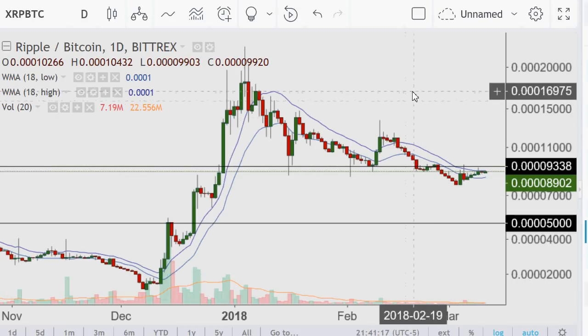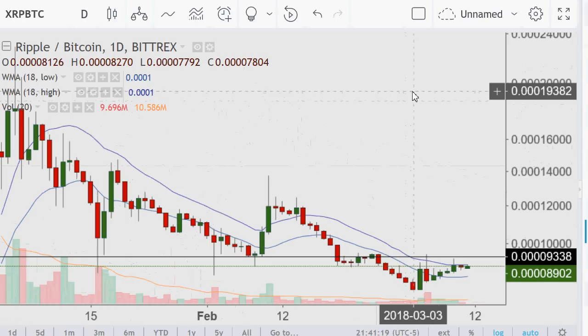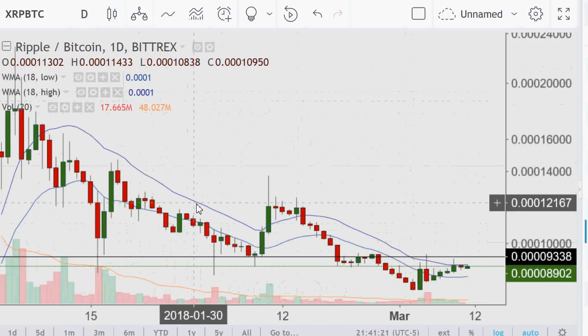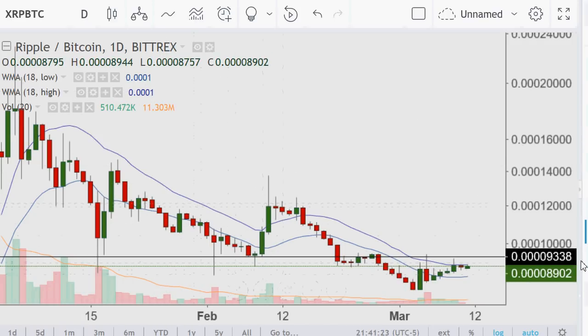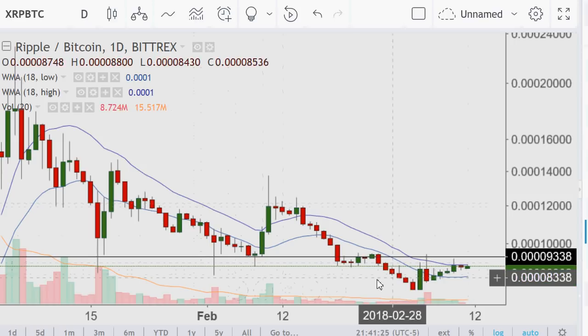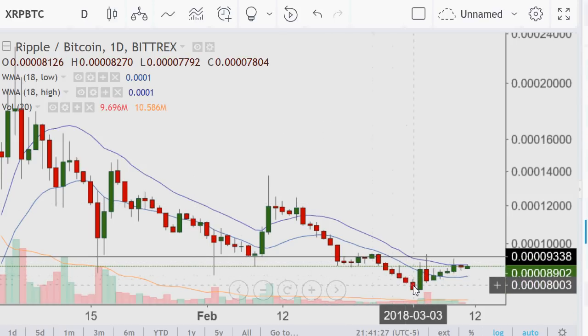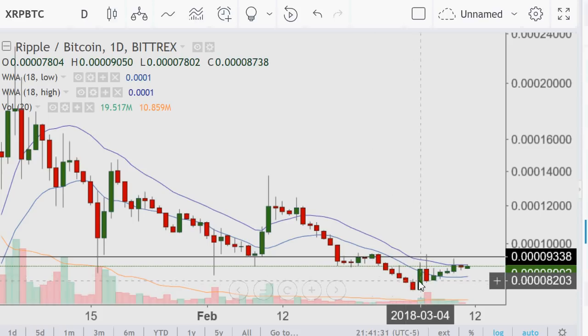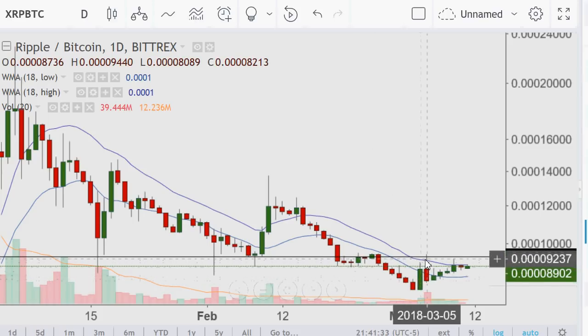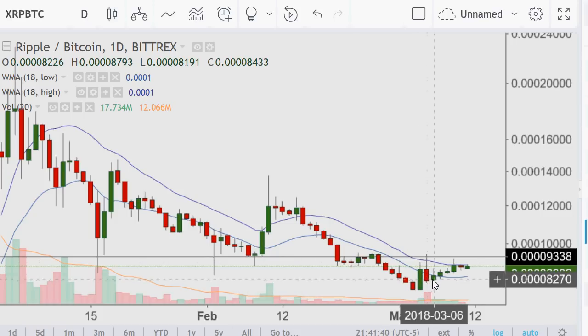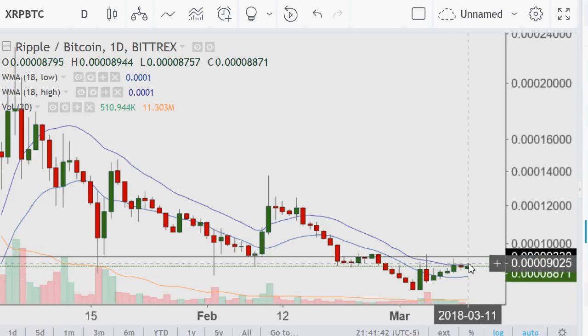Ripple, it's got a beautiful looking chart for major support at this line at around 93.38. And there's that little bit of a breakdown. So now is this going to be resisting a key area? Because it comes up to this line, but notice what has happened for almost a week, grinding its way higher.